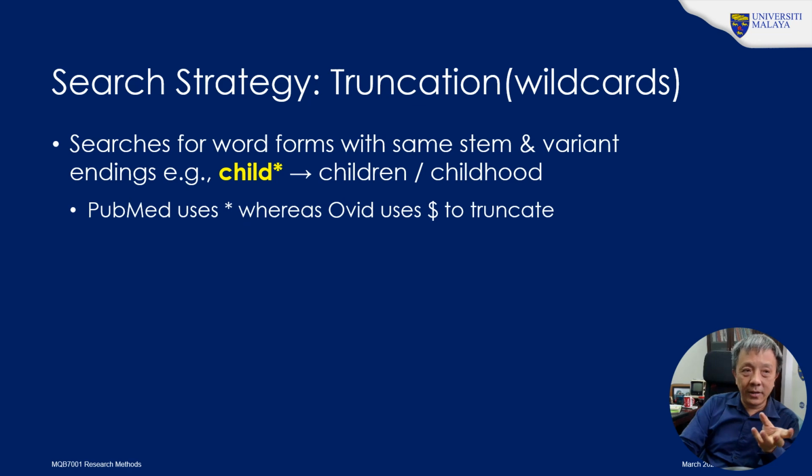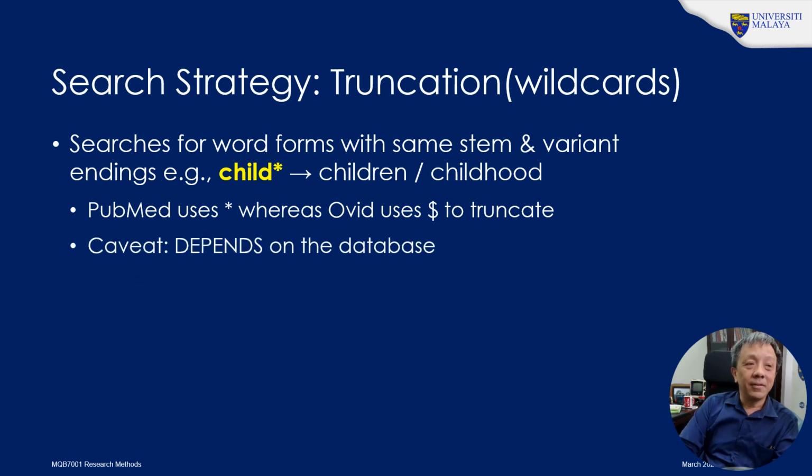PubMed uses an asterisk. Ovid uses a dollar sign for truncation. The caveat is that it depends on the database, so you must make sure that you do the right thing for the right database.